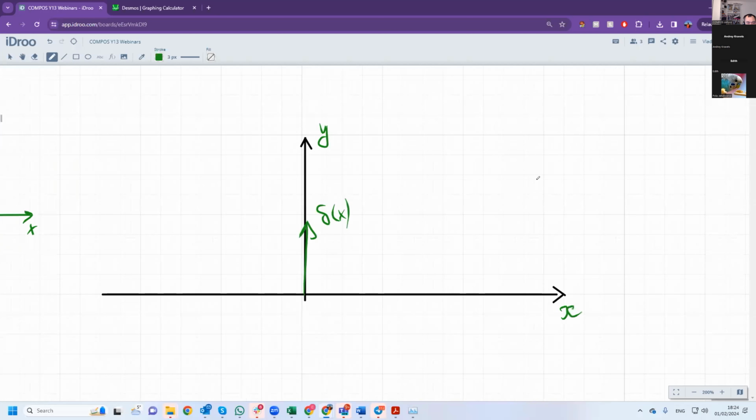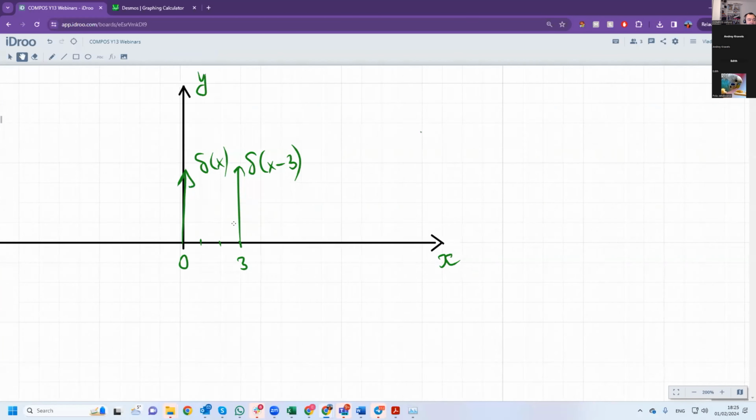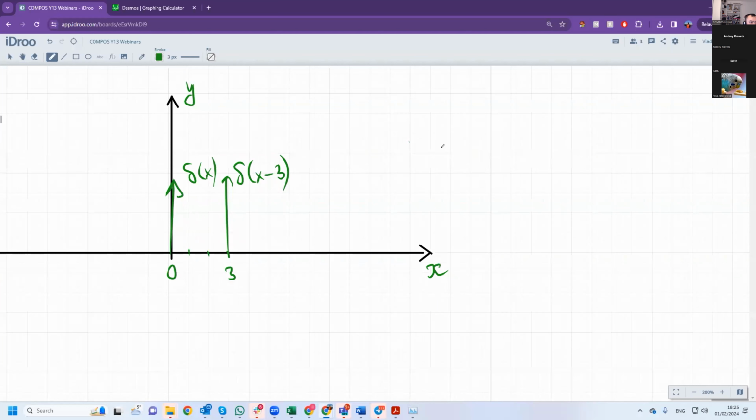If you were to draw delta x minus 3, it would be a shift to the right. So you can shift it like any normal function. So 1, 2, 3, so 3, 0, and this is delta x minus 3. What do you think the graph of delta x multiplied by delta x minus 3 would be? What do you think that would be?